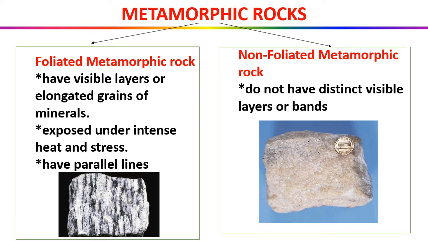That's why it would more likely form parallel lines. Parallel lines are due to the heat and stress it was introduced to. While we have non-foliated metamorphic rock, they do not have any distinct or visible layers, lines, or bands. So that is the difference between foliated and non-foliated.